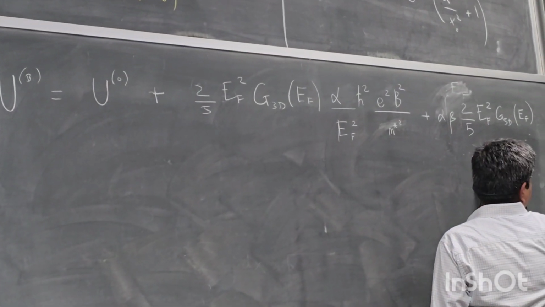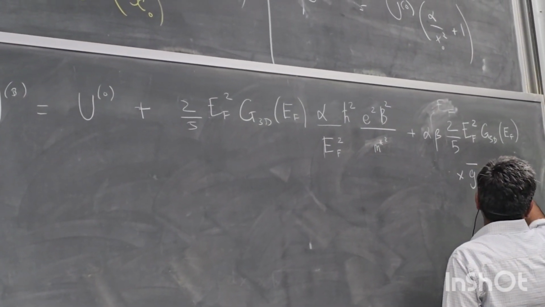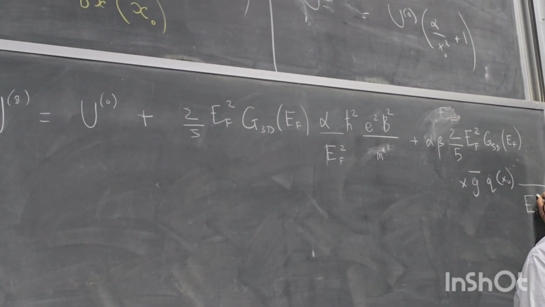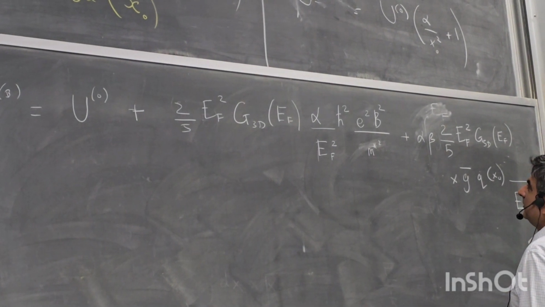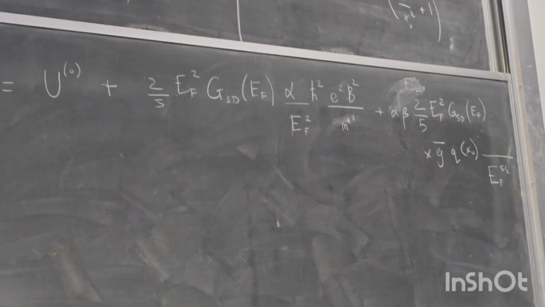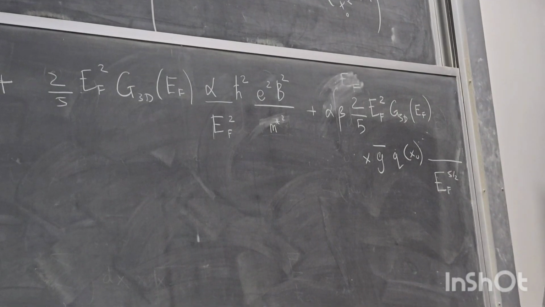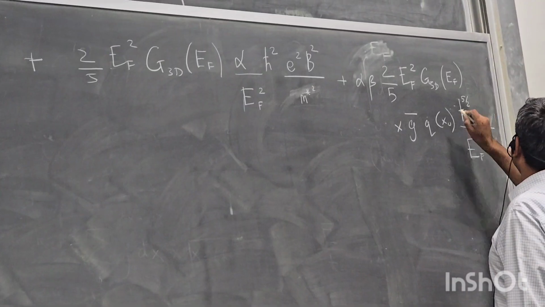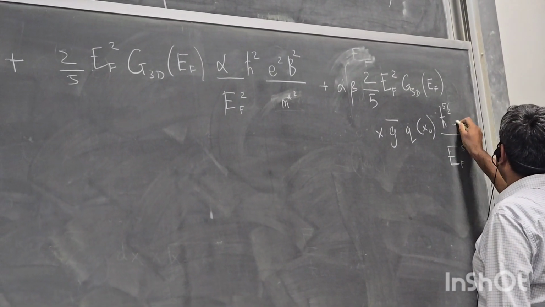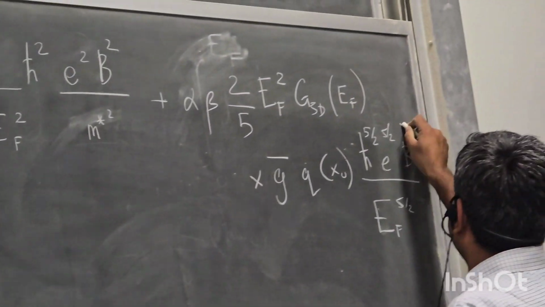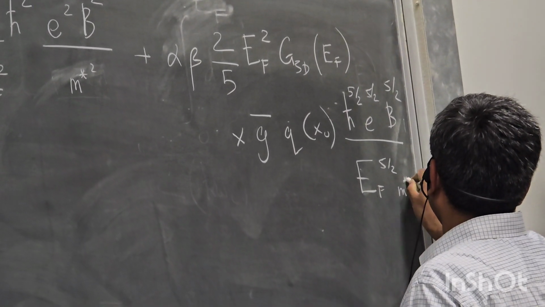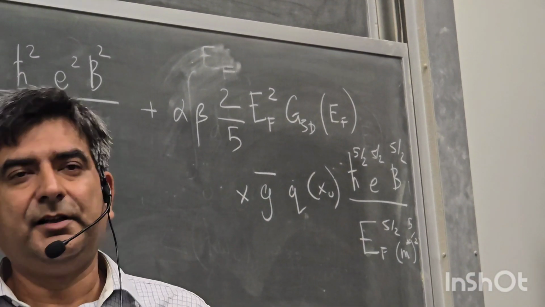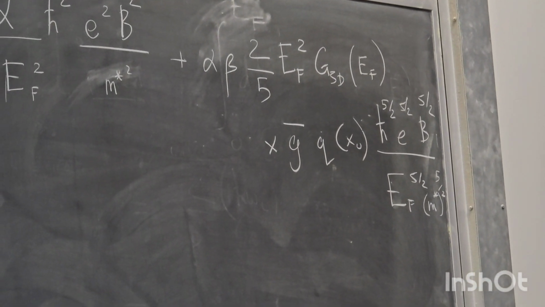And then there is a term with 5 by 2 EF, 5 by 2 h bar omega C, where omega C is eB over m star, all to the power 5 by 2. This is an oscillatory function, remember. Now this is my total energy.